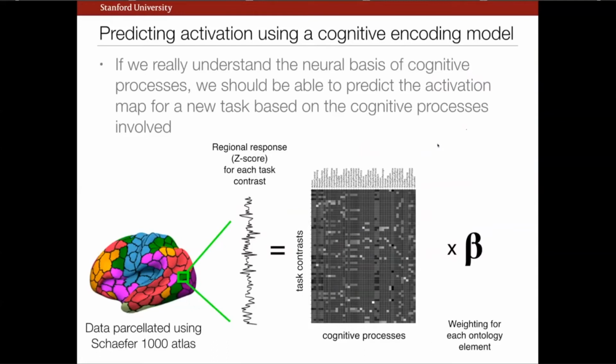Those could be surface features or model-driven features. Then, can you use that to model brain activity at a particular voxel or region of the brain, and from that predict the pattern of activity for any new stimulus that hasn't been seen before?